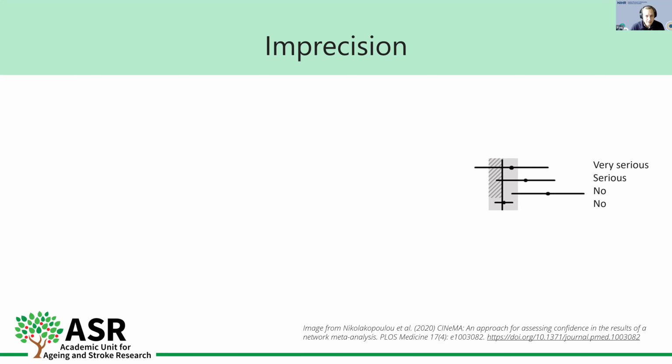So imprecision within GRADE is about imprecision in the pooled estimate, and so it might sound as if this is about the width of a confidence interval, how precise it is.